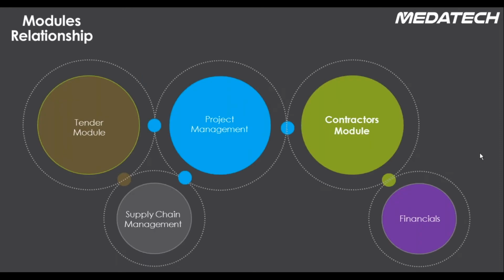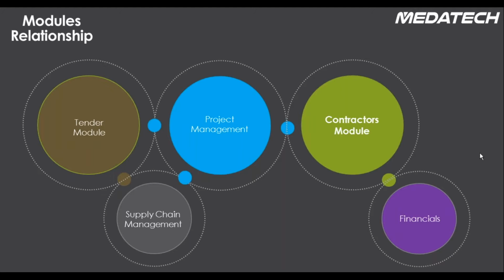First, I would like to take you to this page. This is me trying to show you the relationship between the modules in Priority and the contractor module. Just to let you know, the module is fully integrated with the rest of the system. It all begins with a project management module that some of you might be aware of already. The project management module is linked to the tender module, which is a Medatech UK module.